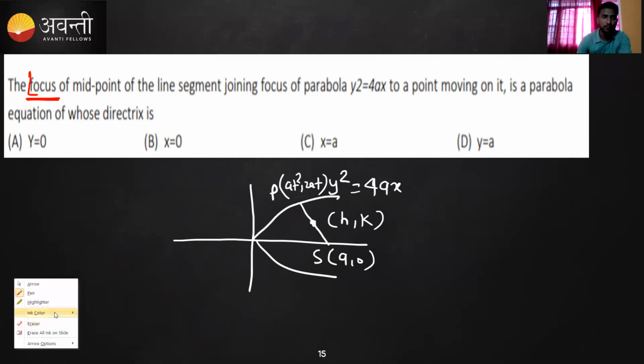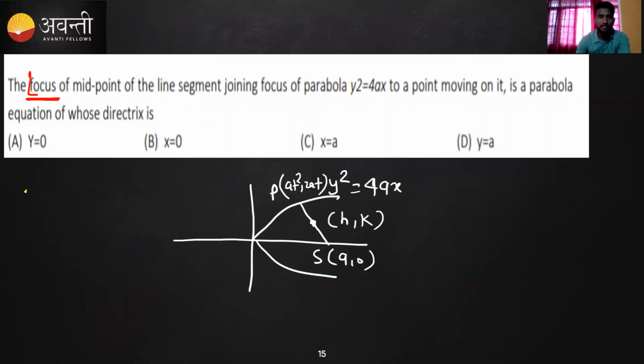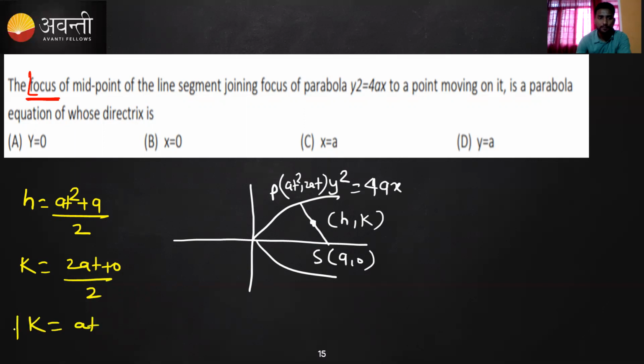So what we can do now, this is the midpoint. In place of h we can write at square plus a by 2. In place of k we can write 2at plus 0 divided by 2. So from here k will be at. And from here you can see h is equal to at square plus a by 2.